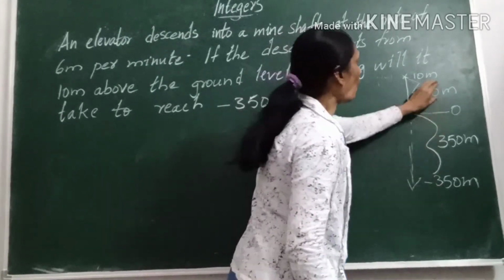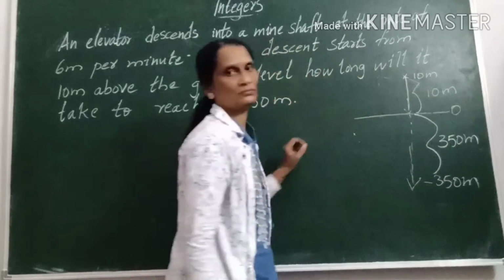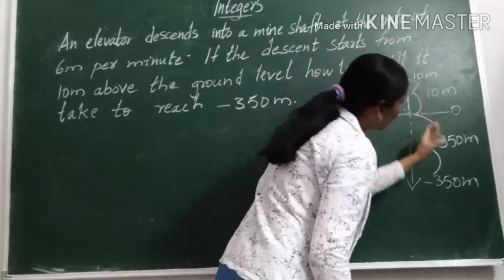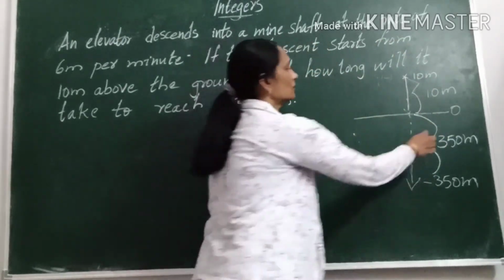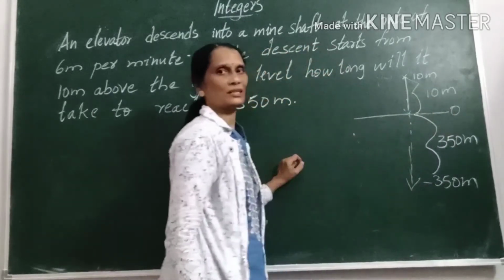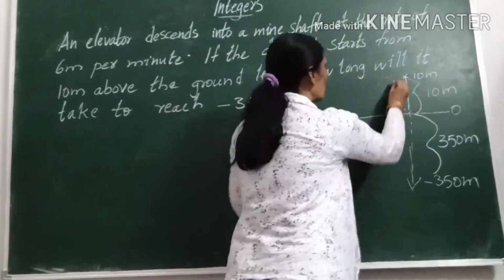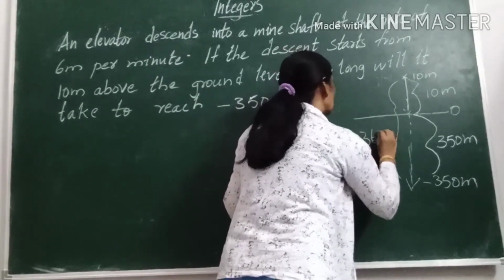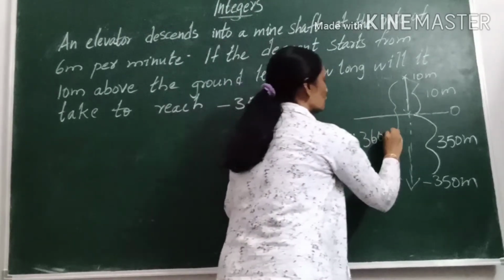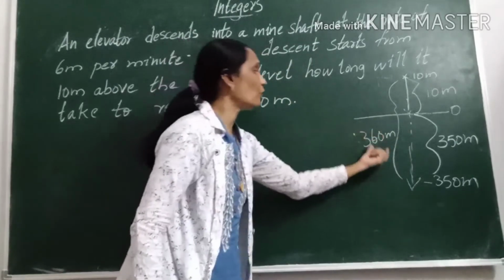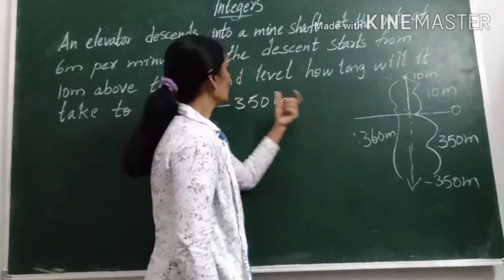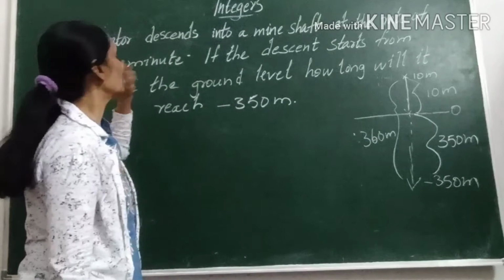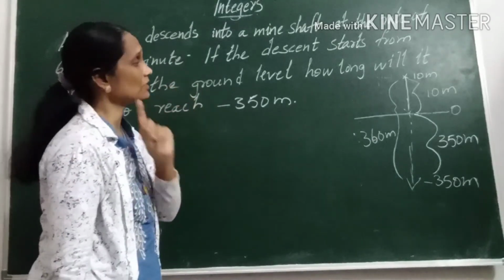So total how much length did it come down? 350 plus 10 meter. 360 meter came down. Okay. So very clear. For 1 minute, how much is coming down? 6 meters in 1 minute.